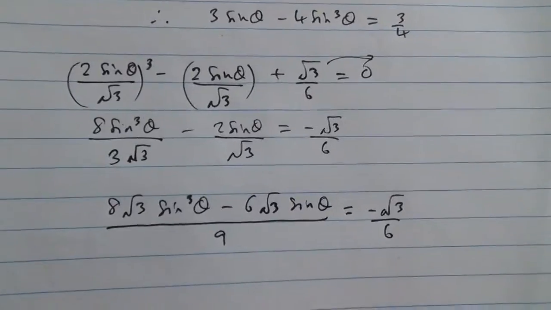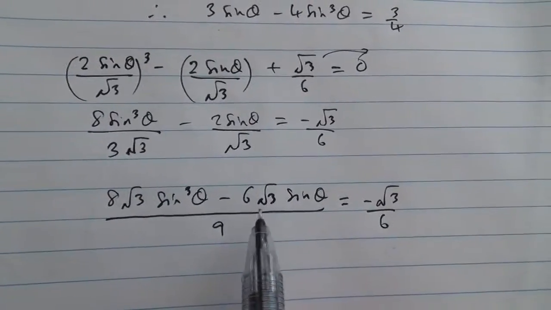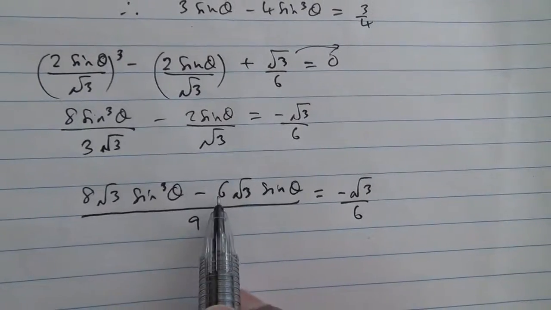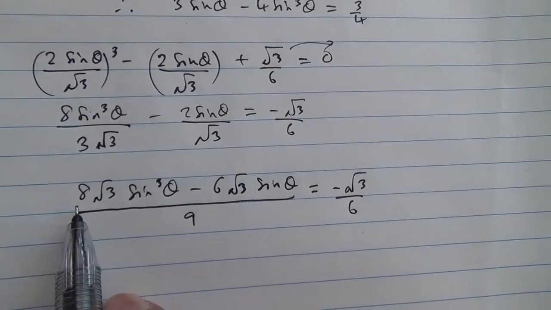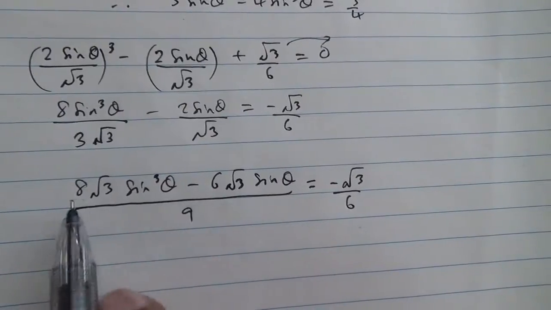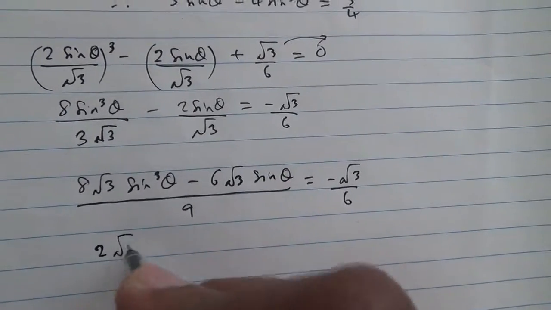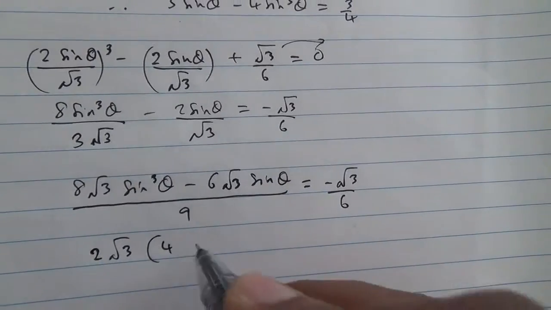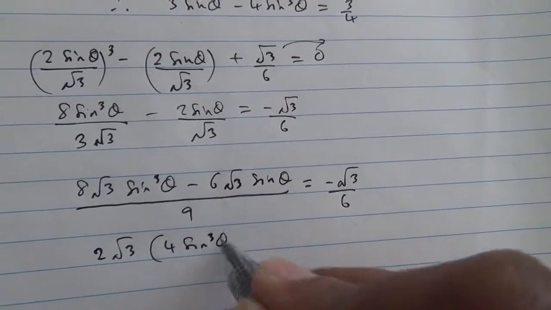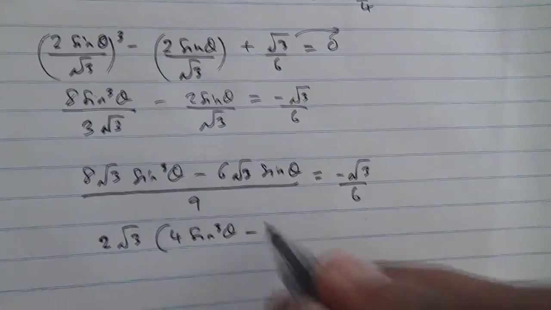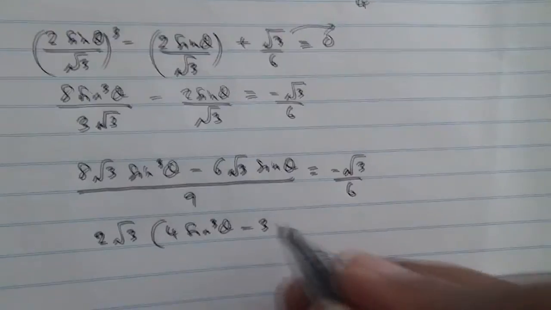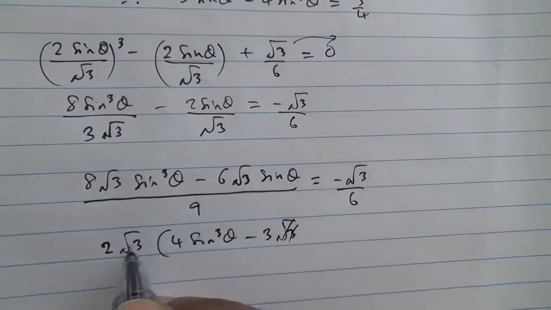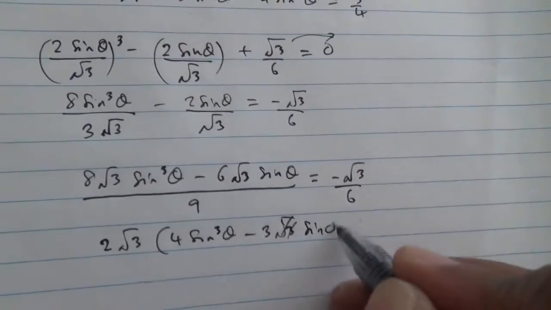So from here, what is common? Root 3, root 3. And what else is common between 6 and this? So 2 root 3 is common. Then inside we're going to be left with 4 sine cubed of theta minus 3 sine theta, because the root 3 is already outside.